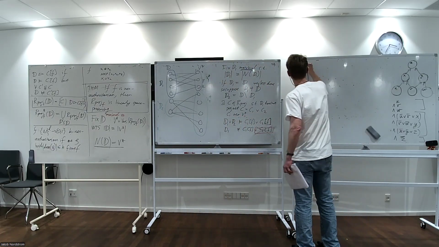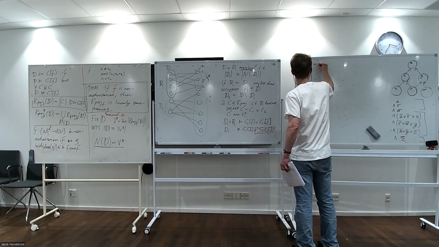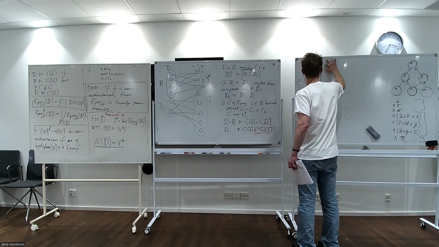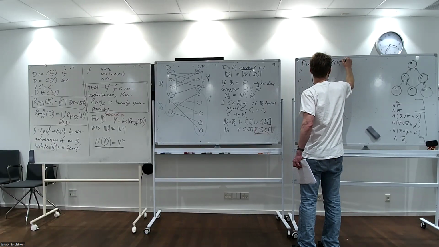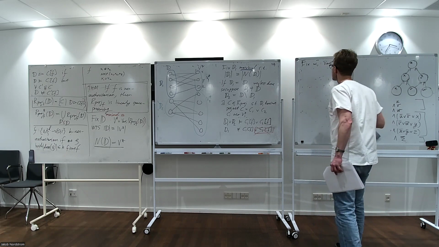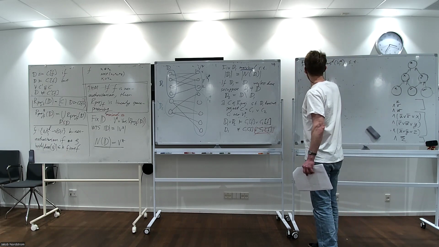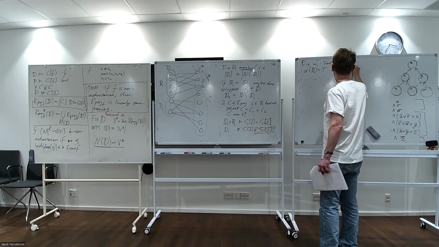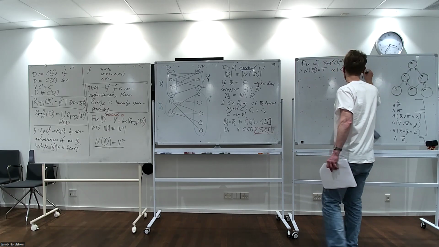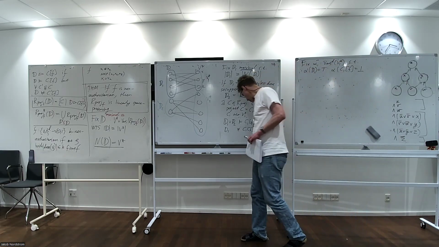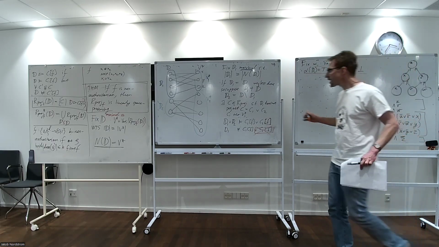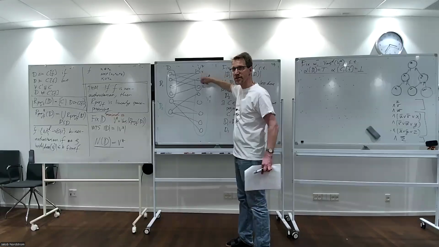So hence, fix alpha 1 to vars D1 star such that alpha D1 is true, alpha C1 over F is false. This I can do, right? And clearly, alpha is only assigning these variables.